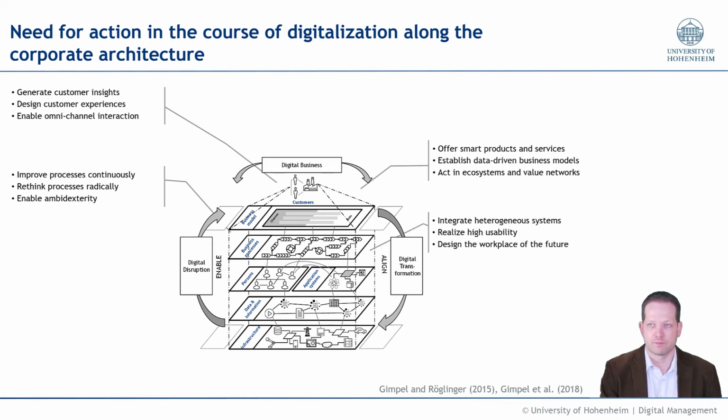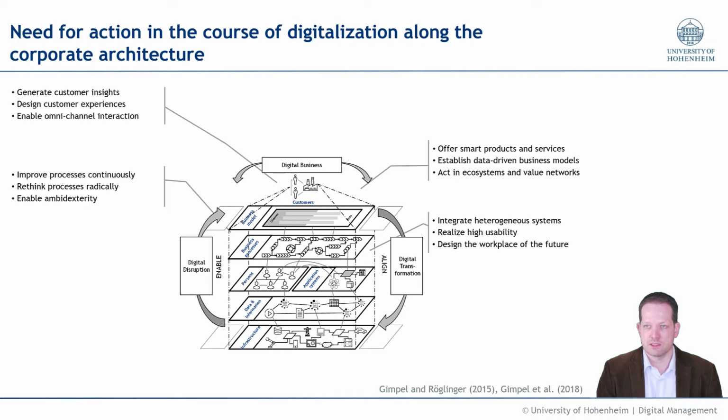Moving a level further down and to the right-hand side to the application systems, the big fields of action we see there is integrating heterogeneous systems. In many companies you have dozens, hundreds, potentially 1,000 different application systems, and they are not properly interlinked. But then for information to flow easily along processes to deliver value to the customers, you need to interlink these different heterogeneous systems.